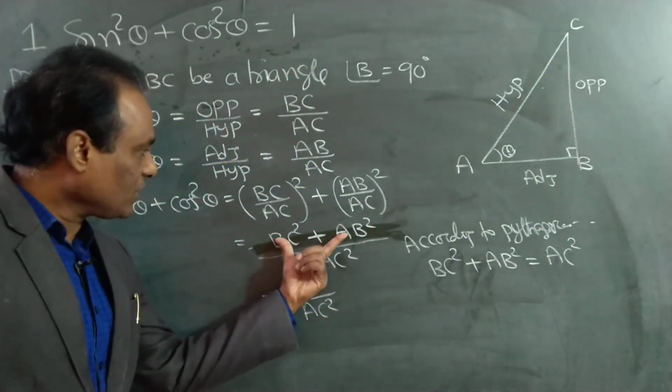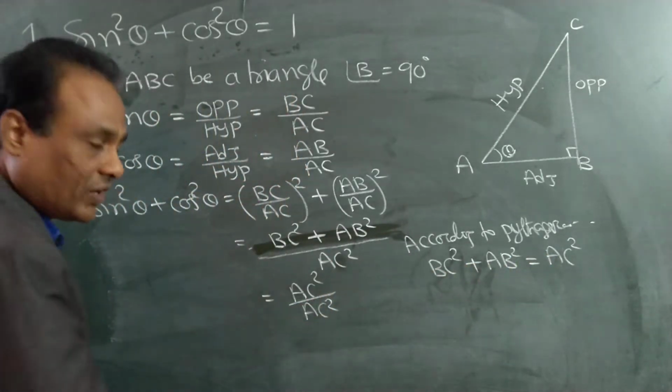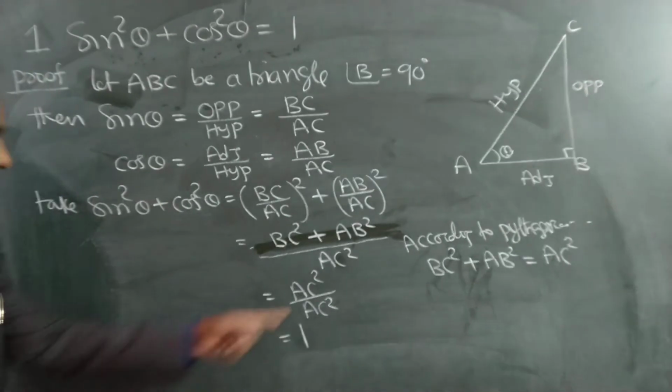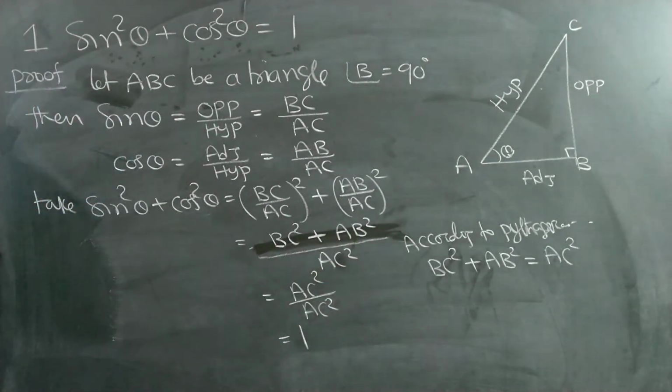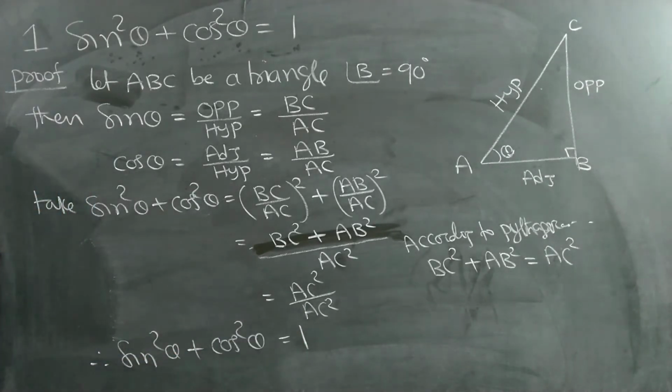So it is AC square by AC square, the same, they cancel and get 1. Therefore sin square theta plus cos square theta is equal to 1. Proved.